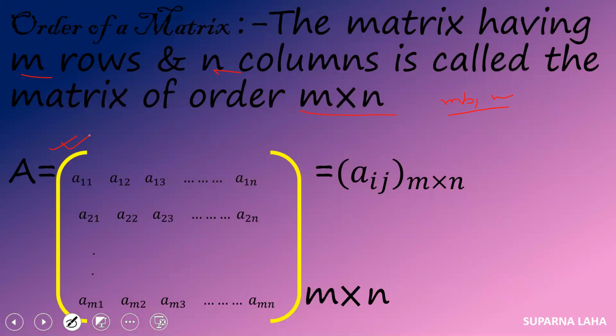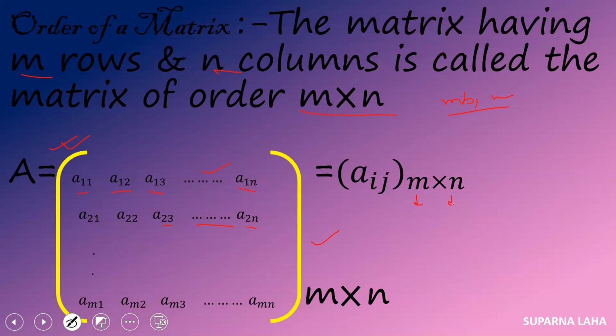One thing which is very, very important: here I am writing the elements of the matrix like this: A11, A12, A13, dot dot dot, A1n. Between A23 and A2n there are so many elements. Since we can't count m and n, we can choose the value of m and n as any number, 1, 2, 3, 4, 5, 6, any number you can choose, but they are definitely natural numbers.